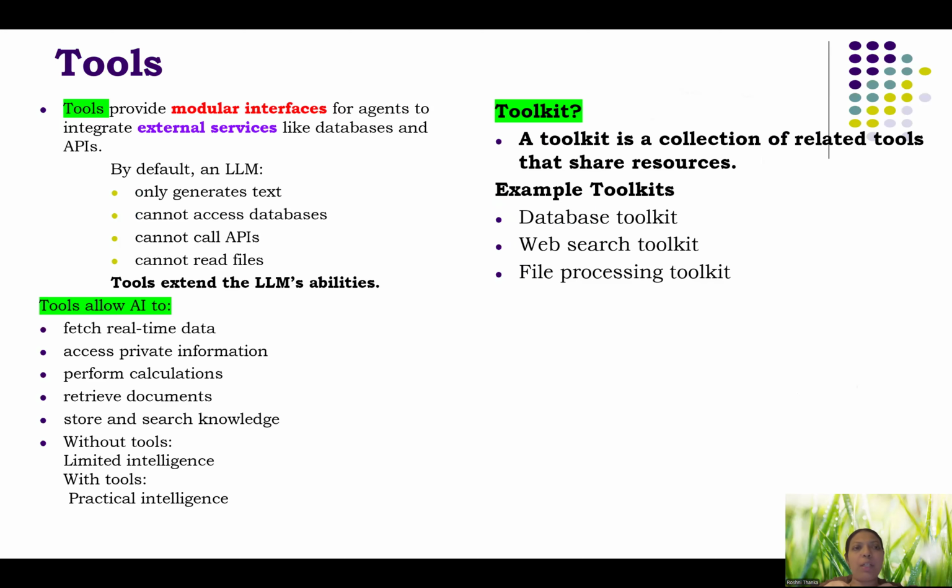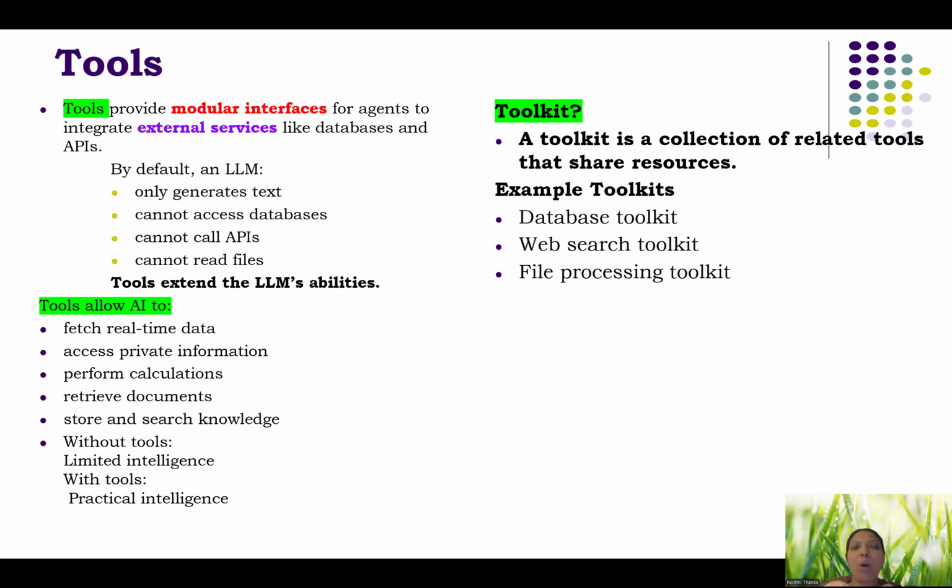It's very important. This tools component provides the interface for an agent to access external services. In the previous videos, we saw the working of the agent. The agent plays an important role to dynamically decide something: think, decide, and act. When the agent wants to act, it needs some tools to do the actions.